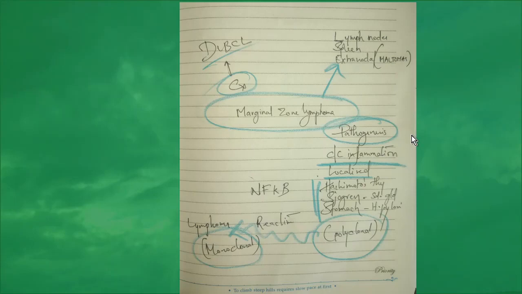But again, this is a very beautiful lymphoma, because it shows a transformation from a polyclonal lymphoid infiltrate to a monoclonal infiltrate, from polyclonal continuous activation of lymphocytes, finally leading to a mutation in one of the genes and causing an increase in NF-kappa B.